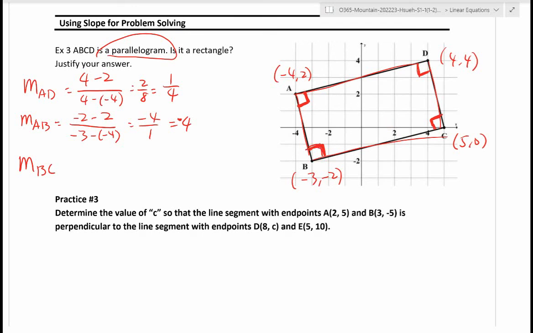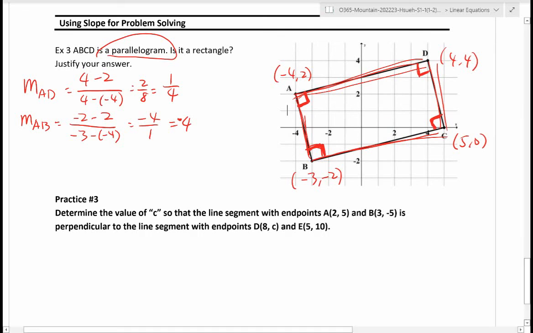So we actually don't need to check this one either, because this slope is the same as that, and this slope is the same as that. If these lines are parallel, then everything is going to be perpendicular, because AD is parallel to BC and AB is parallel to DC.